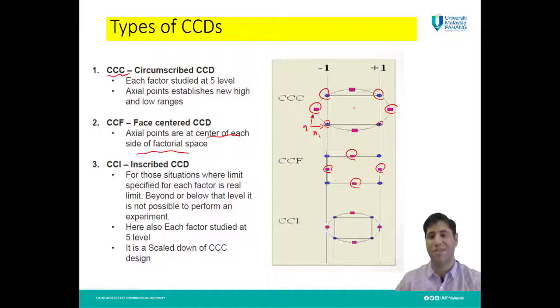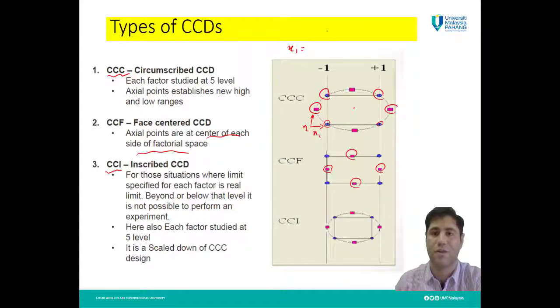But as you can see here, it is not rotatable because these factorial and axial points are not located on the circle which circumscribes the factorial space. And the last one is the CCI design, which is the inscribed CCD, used in situations due to some limitation. For example, we have x1 as our factor.